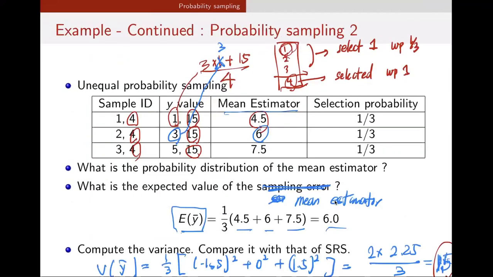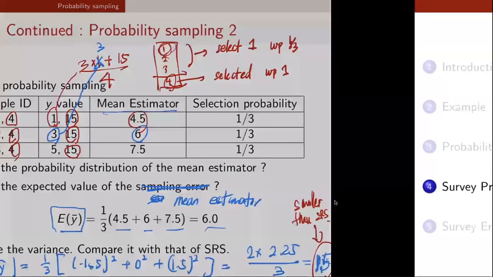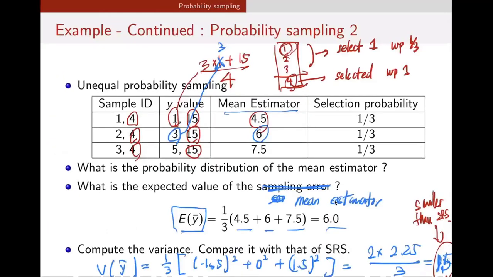This is much smaller than the simple random sampling variance, right? That means this particular sampling design seems to be more efficient than simple random sampling.